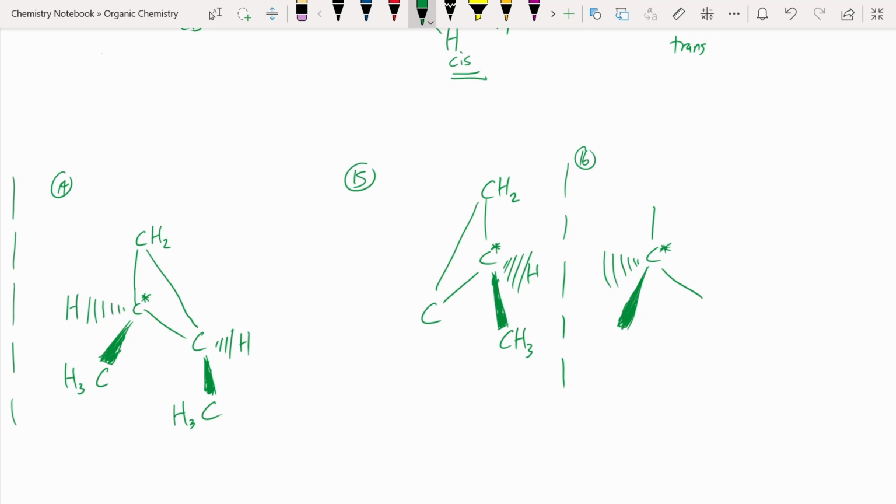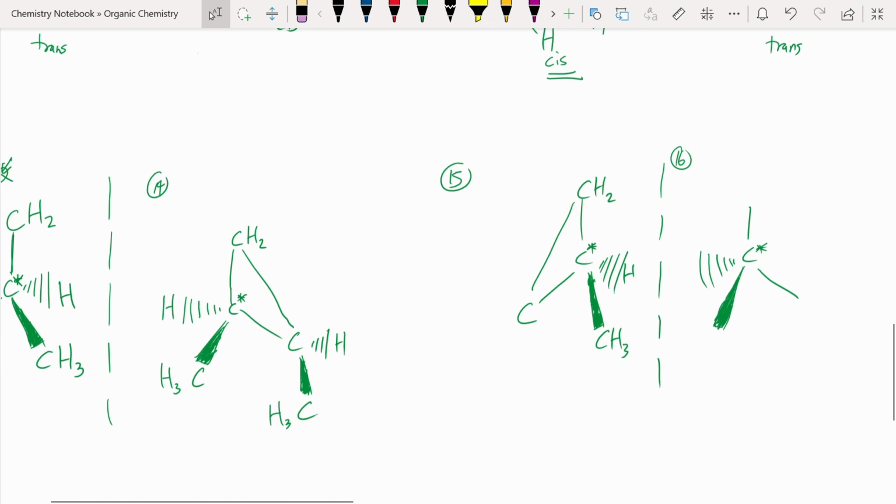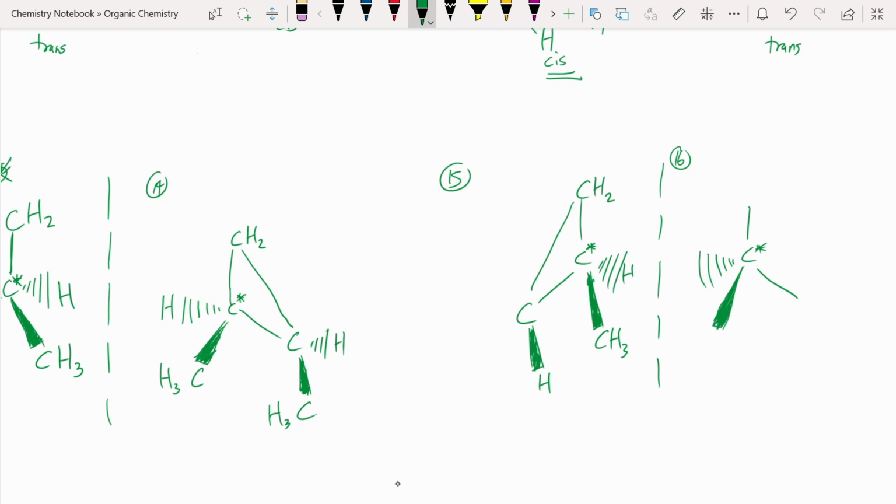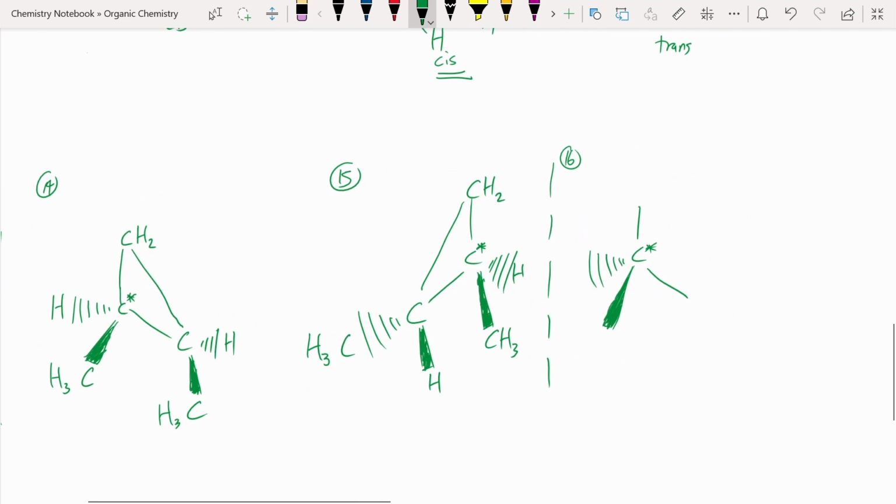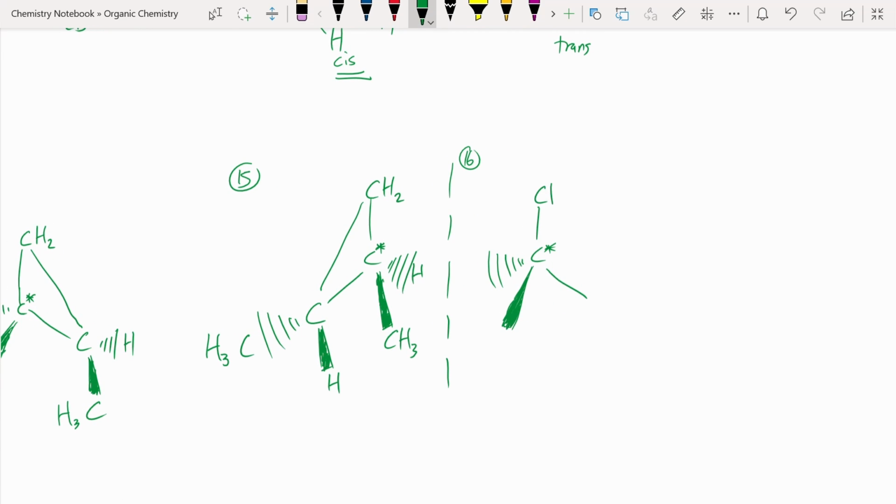So we can have the hydrogen atom out of the page, while the methyl group will be into the page. Then we'll do the same for this, just that it's in a mirror image.